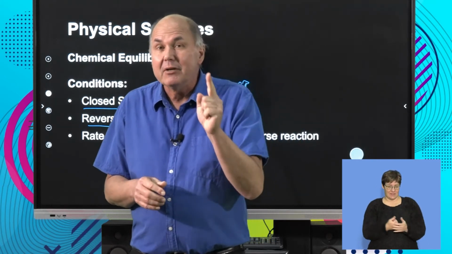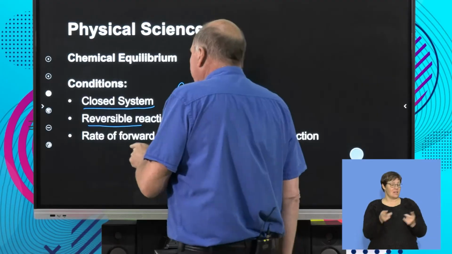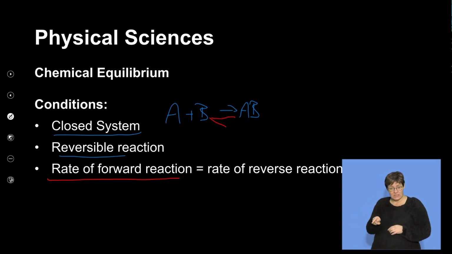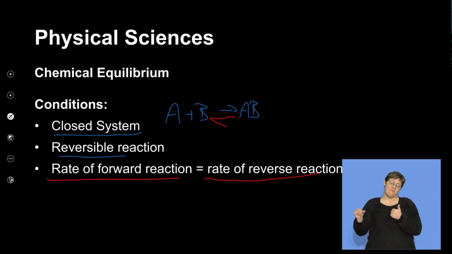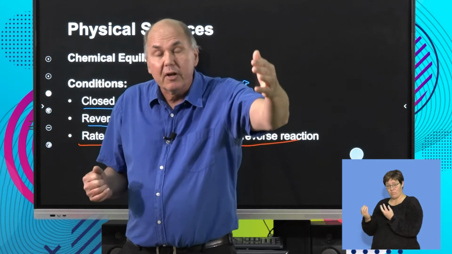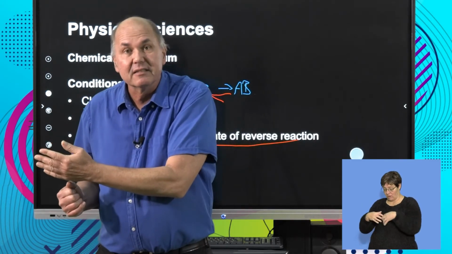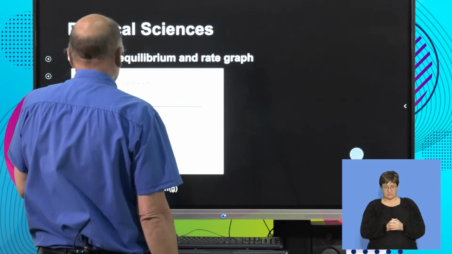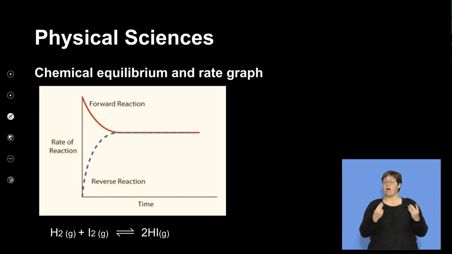Now, chemical equilibrium is something where the rate of the forward reaction will equal the rate of the reverse reaction. So whatever is happening, producing a product, the products are forming the reactants. And we can put this into a graph. So the graph would look something like this, where we recognize the forward reaction is the one in red.